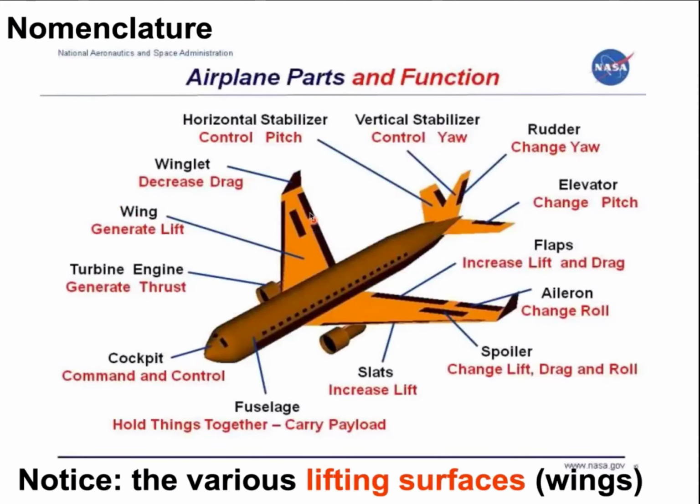So we have the main wing, the horizontal and vertical stabilizers, as well as control surfaces that the pilot can control to change direction, to change altitude, go up, go down, take off, land. These are the black surfaces that they control.